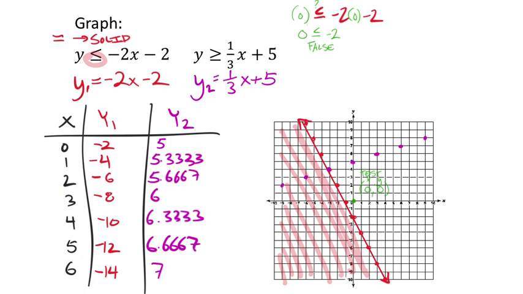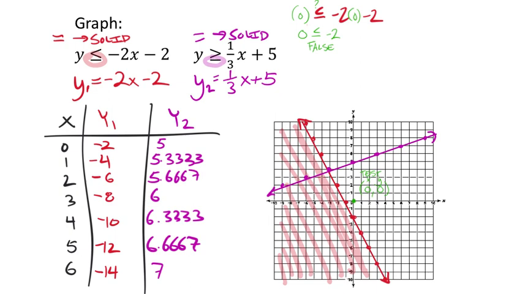Well, since the inequality has an equal sign right here, just like the red one, we're going to need a solid line. So all I got to do is draw this line through the purple points. Okay, so that is the purple equation, the purple line right there.